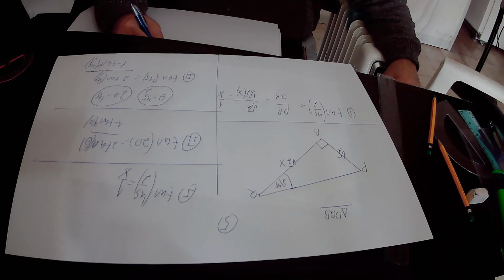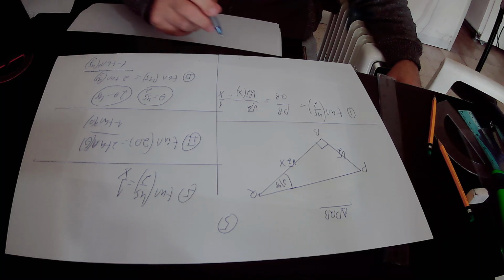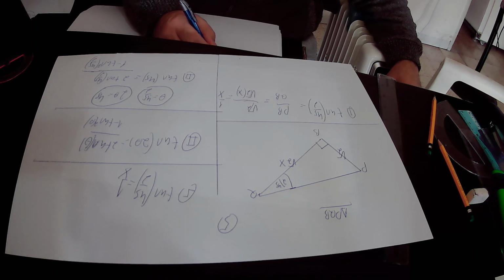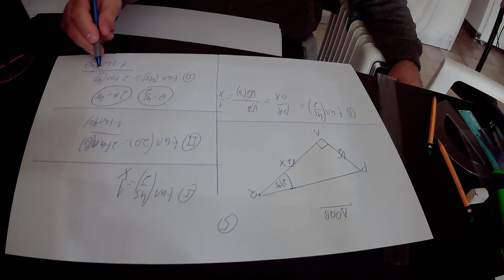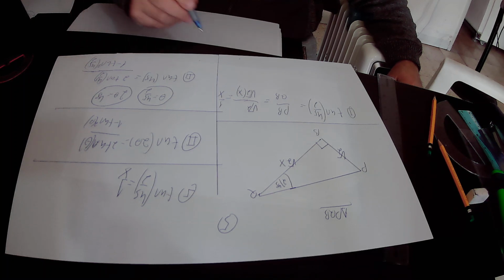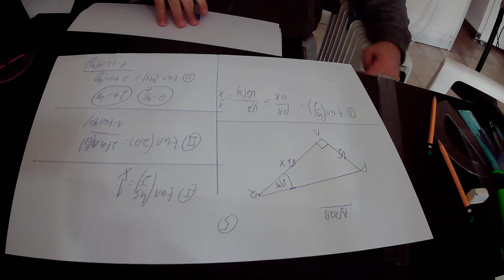So here tangent 45 degrees is 1, and it is equals to 2 times tangent 45 degrees over 2. We will define tangent 45 degrees over 2 as t. Repeat again.